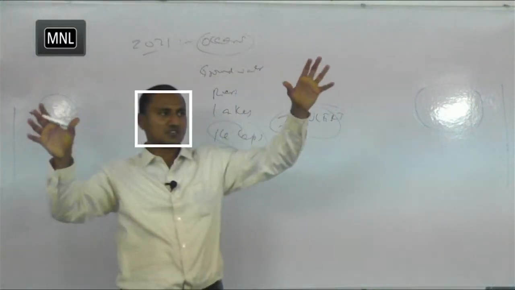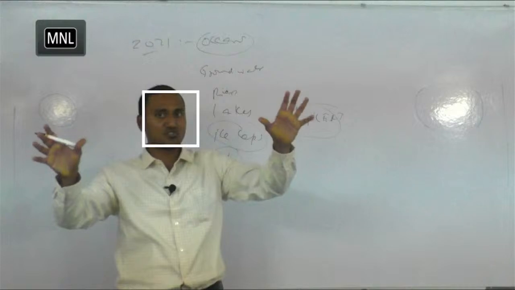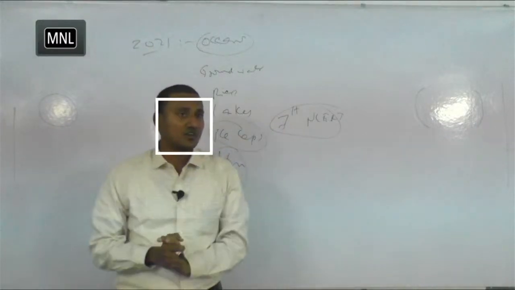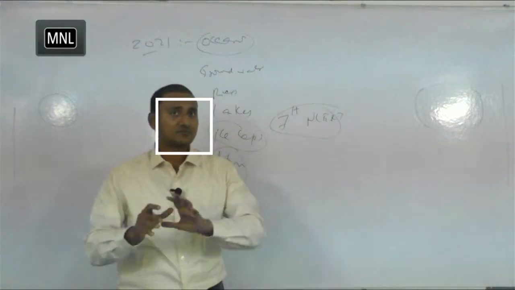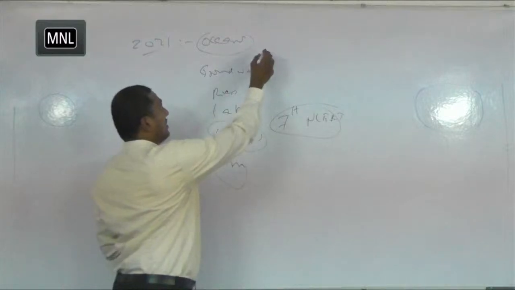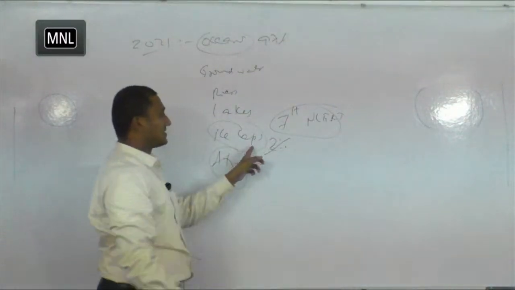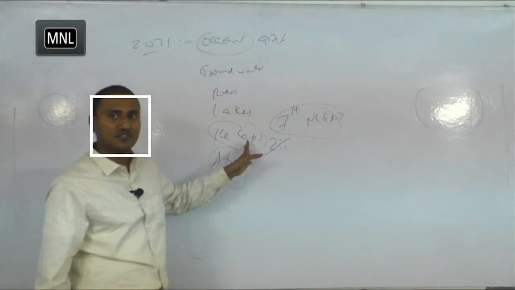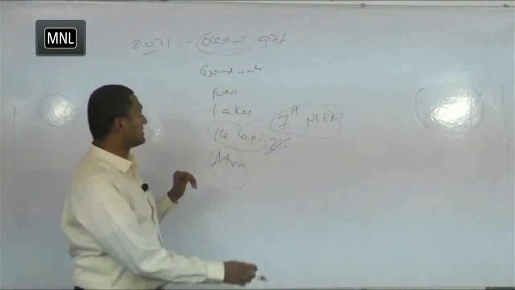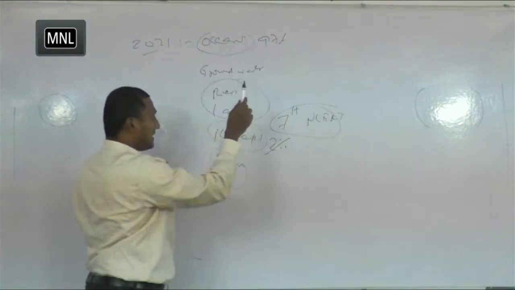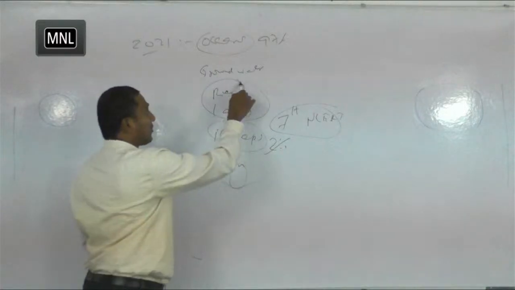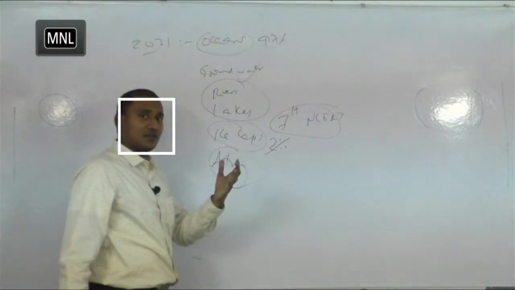The highest is oceans, almost 97%, and this is only in the 7th textbook, not in any other NCERT. And 2% of water is in ice caps, the highest amount after oceans. Then, friends, compared to rivers and lakes, the atmosphere and groundwater actually have more water.